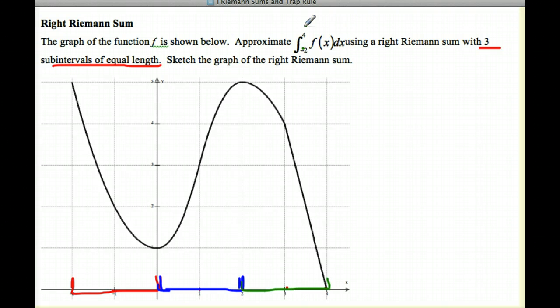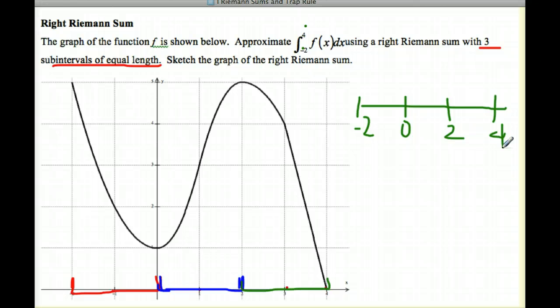So what we're going to do is take a look at where I need to draw these. What I have is my number line right here. I see I have 3 different intervals, and I have -2, 0, 2, and 4 as the x values.